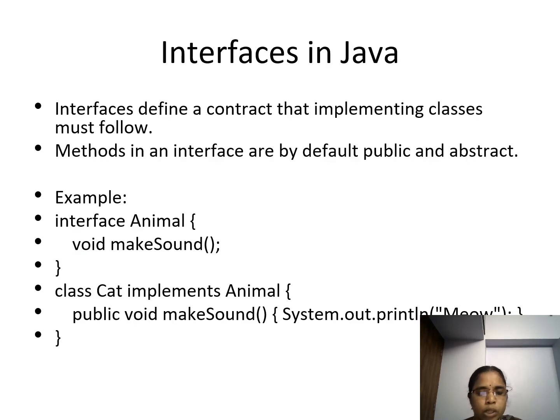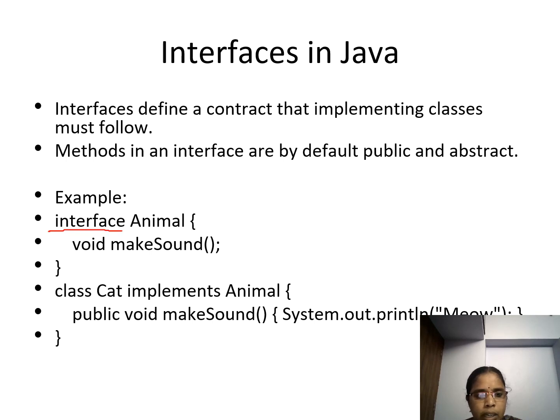Next important topic is interfaces in Java. The interface is used to define a contract that implementing classes must follow. Methods in an interface are by default public and abstract, and inheritance can be achieved using this interface.